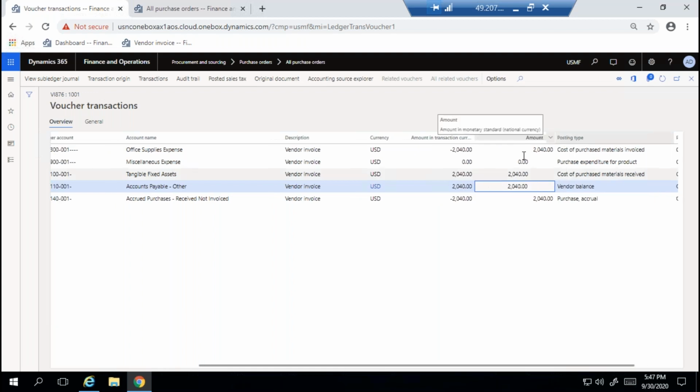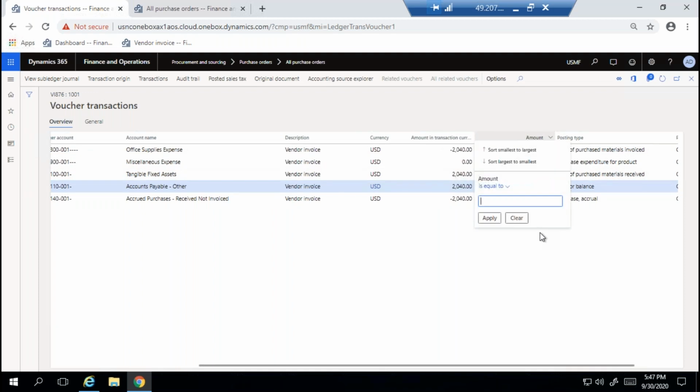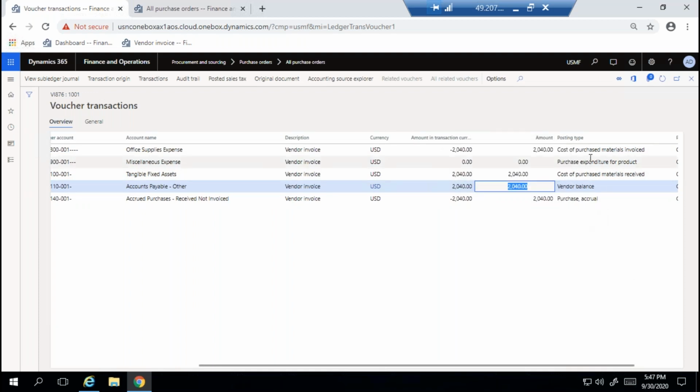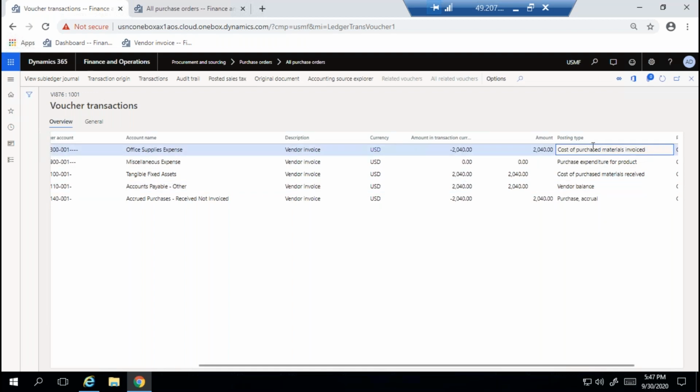So the sign is completely opposite. Here, the material received, cost of material invoiced, will be debited at the time of a normal invoice. Now it is credited, quite opposite, exactly reverse to the invoicing.